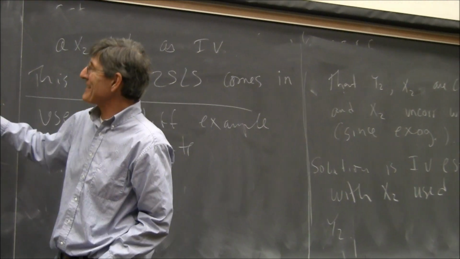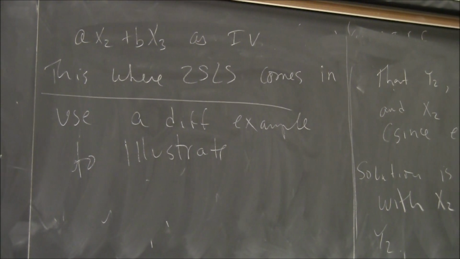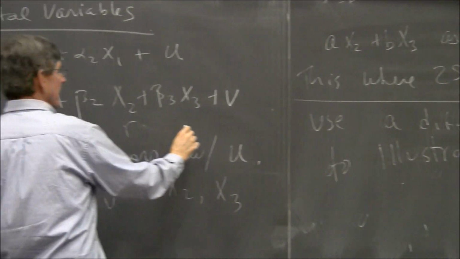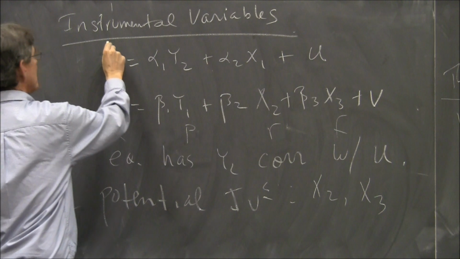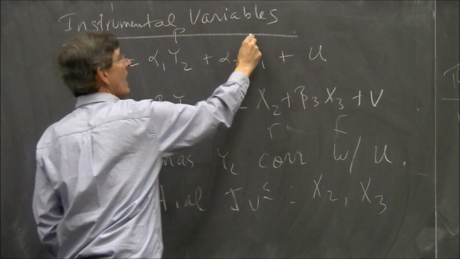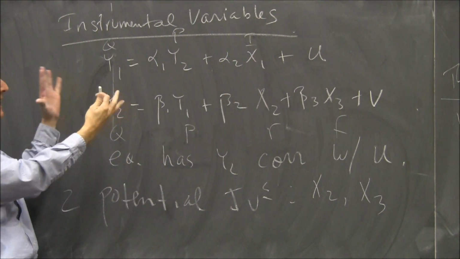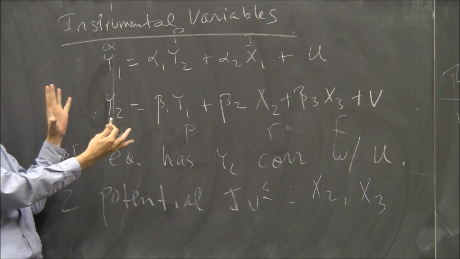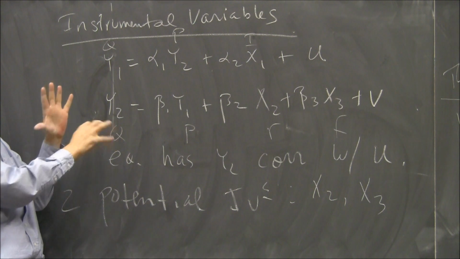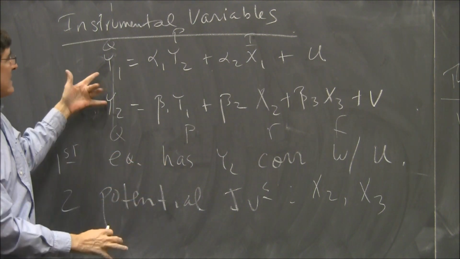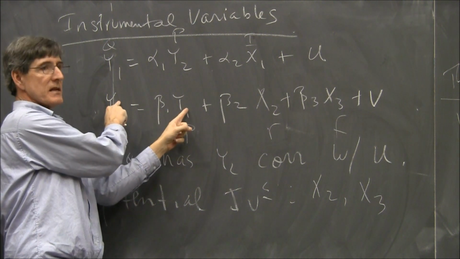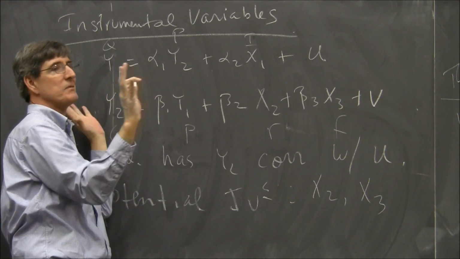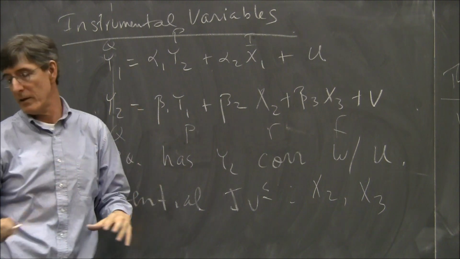It's basically this example, but I want to go back to Q, P, R, and F, Q, P, and I. It's really the same example, but I want to connect it to what we've been doing already, just because I thought it'd be more intuitive. So it's exactly the same example, except the Y1 and Y2 are essentially reversed here. That's the only real difference. But it's essentially the same system that we're using.